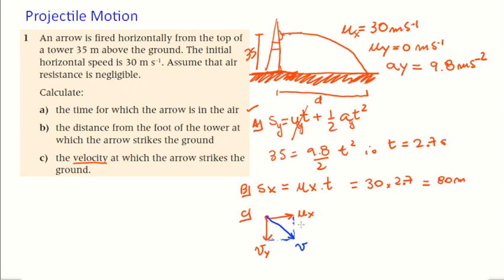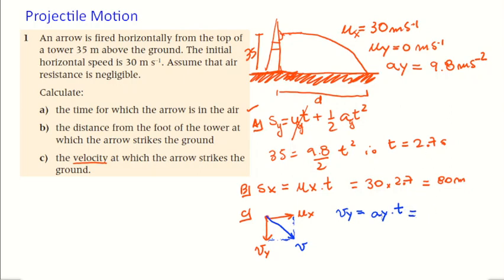Okay, so we first have to find our velocity downwards. If we have a constant acceleration, in each second our speed is going to increase by 9.8. So this is going to be our acceleration times how long? This is a bit obvious, isn't it?